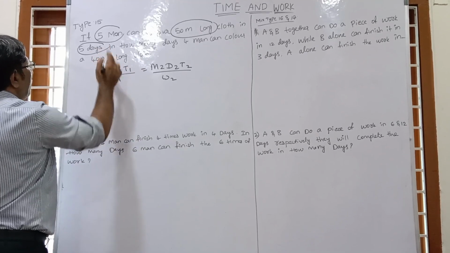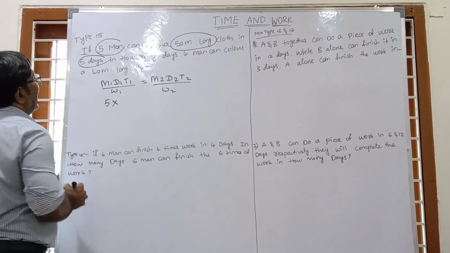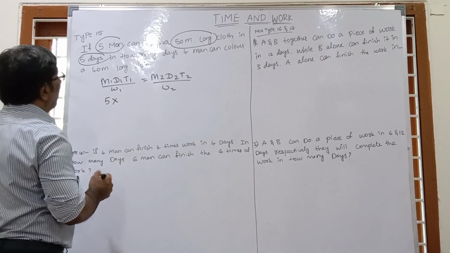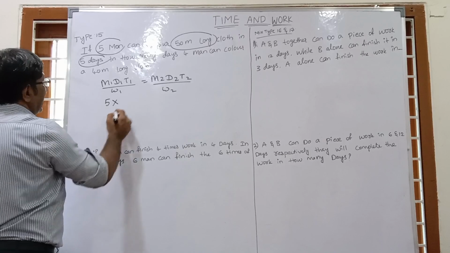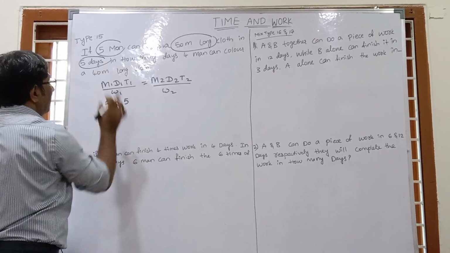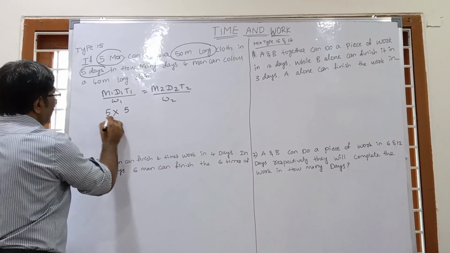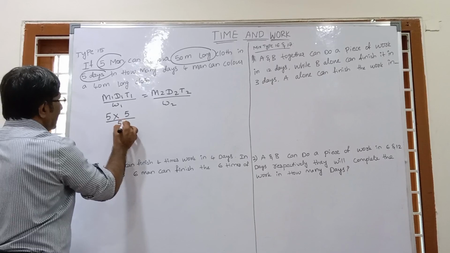In this question, 5 men, so M1 is 5. They color 50-meter long cloth in 5 days, so days given is also 5. Time is not given, so no problem. Now the work is 50-meter long cloth, so 50 meters is given.